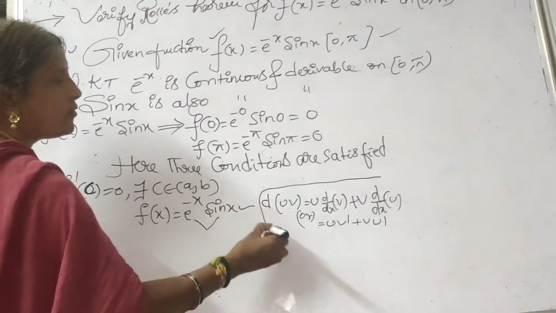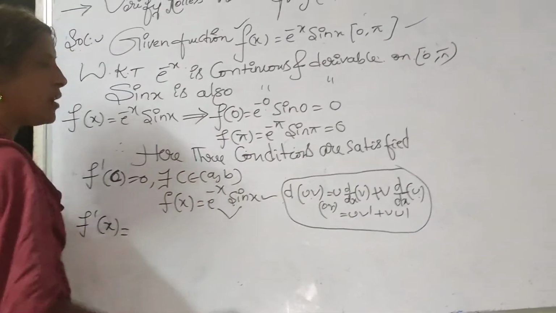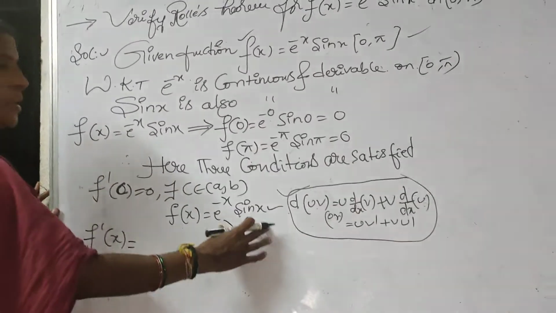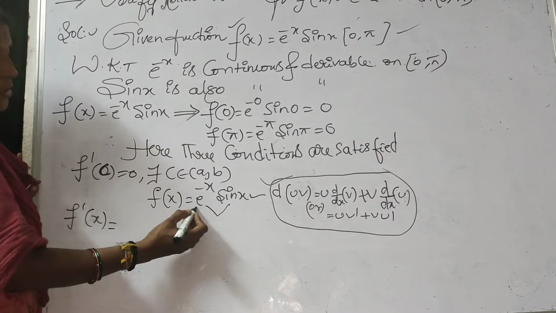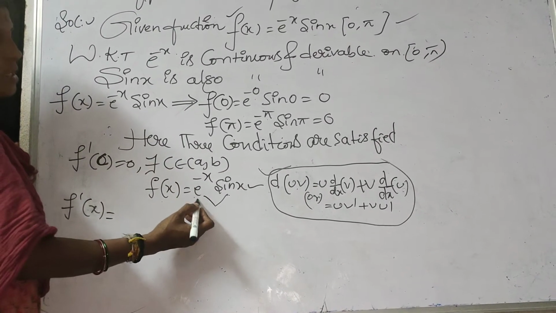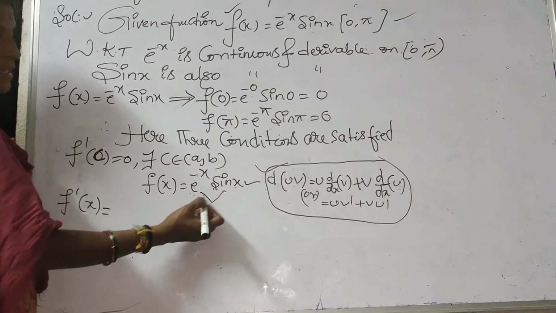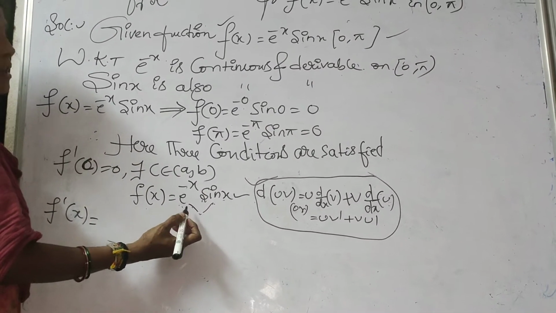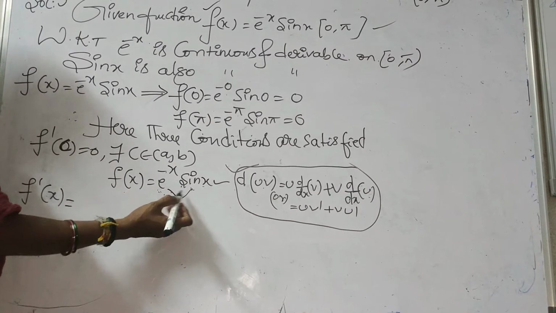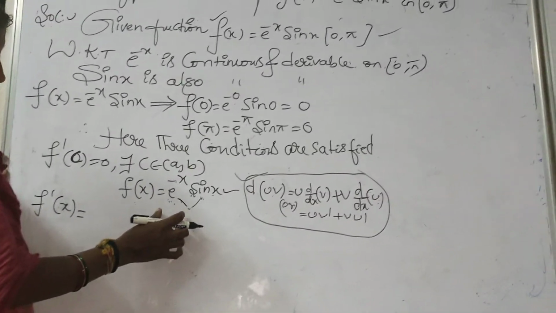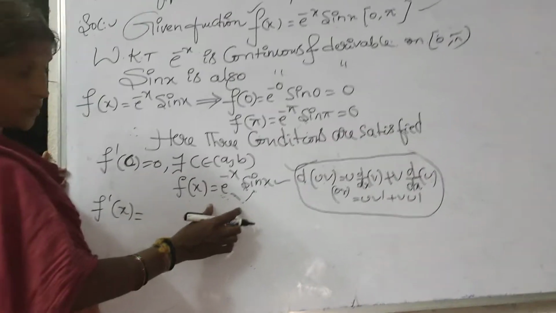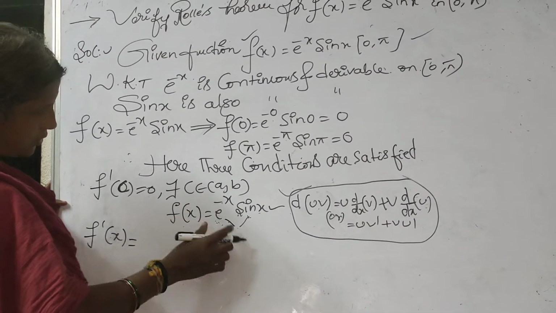This is the formula for differentiation of UV. Here the given function e power minus x sin x has two functions. Assume that it is UV.